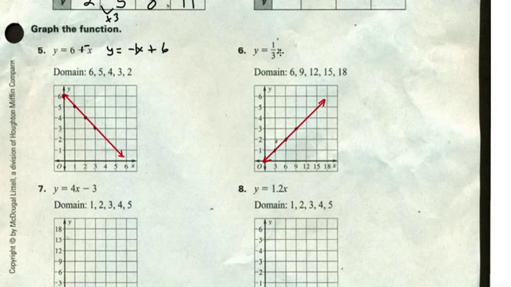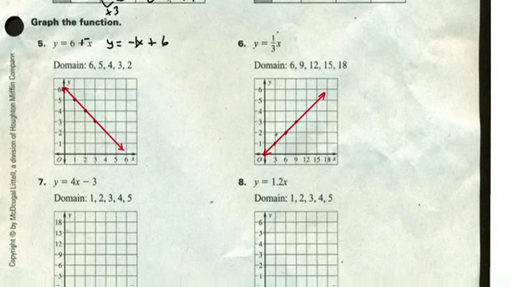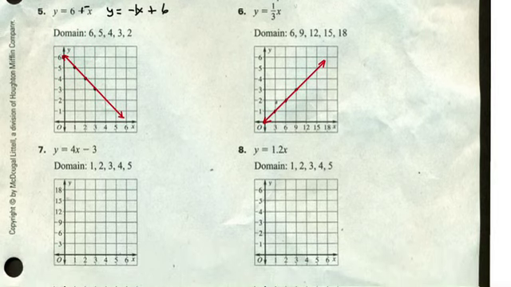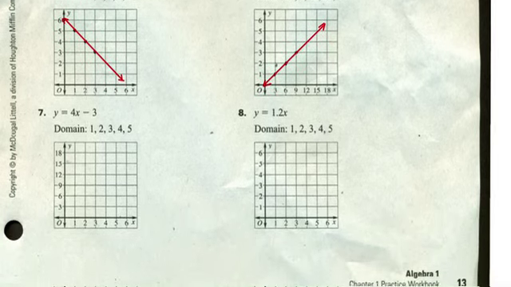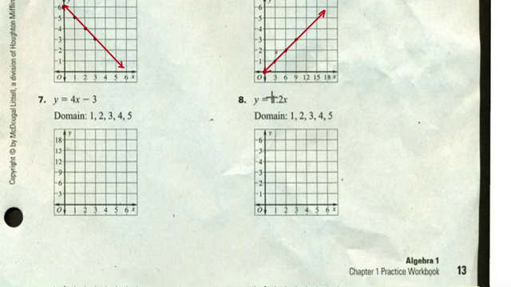Okay, 7, you can do 8. Well, 8 has a decimal. I don't really like that. We want to use fractions, so I'm going to change that. The way to change a decimal to a fraction is read it without the decimal, so that's 12, and then what's the last place? That would be tenths. So I'm going to rewrite this to y equals 12 tenths x.